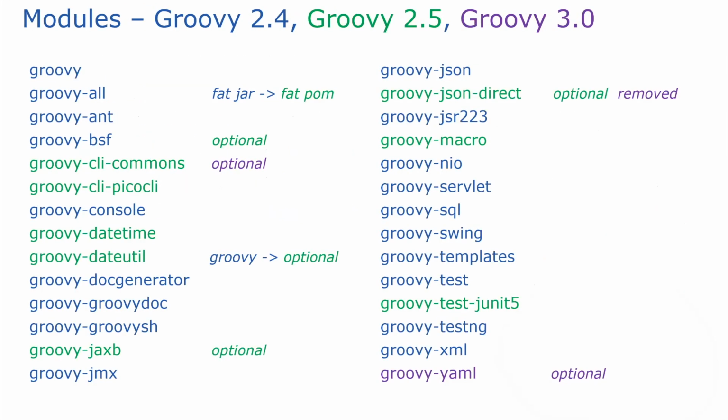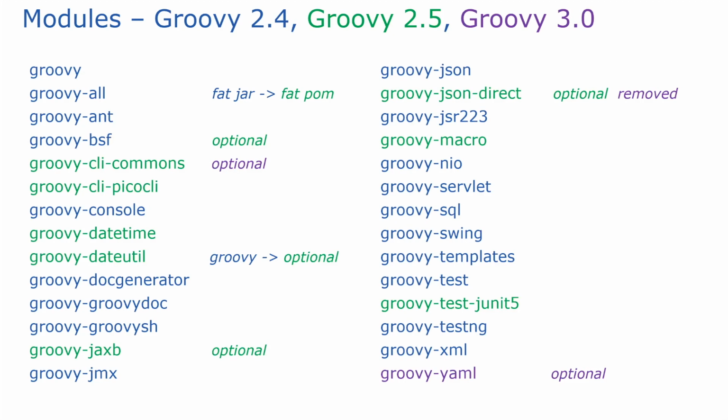So these are our modules. The ones in blue are the ones that are in Groovy 2.4 that you're probably all familiar with. In Groovy 2.5, we added a bunch of new modules. There's an optional one there for JAXB. Some of the stuff that will eventually not work on JDK 9 and above, like directly peeking inside JSON fields as an efficiency activity, is in a JSON direct module.